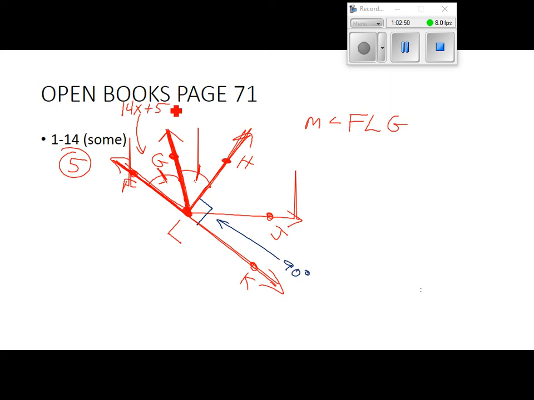And they tell us HLG, that's this angle, equals 17x minus 1. Now you just told me a second ago, what did you know about those two angles? They're the same. They're equal, right? It was being bisected, so they're equal. So what equation can I set up? 14x plus 5 equals 17x minus 1. I know Fletcher got that. Liar.